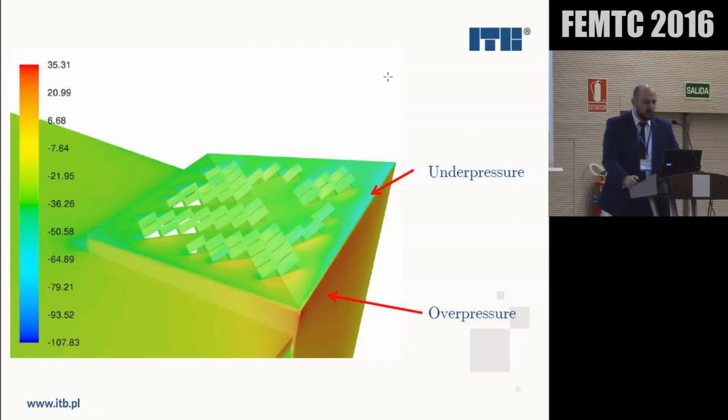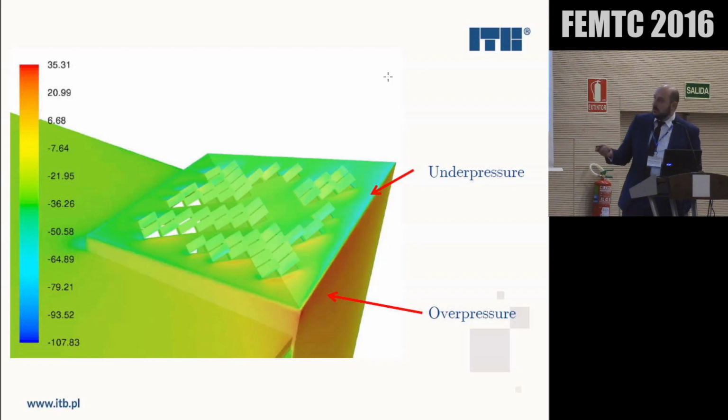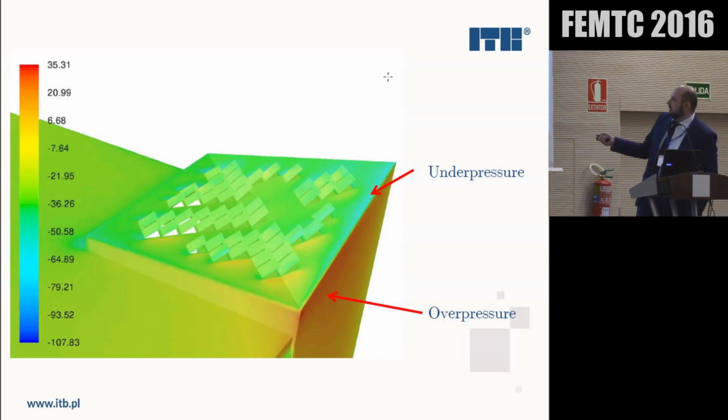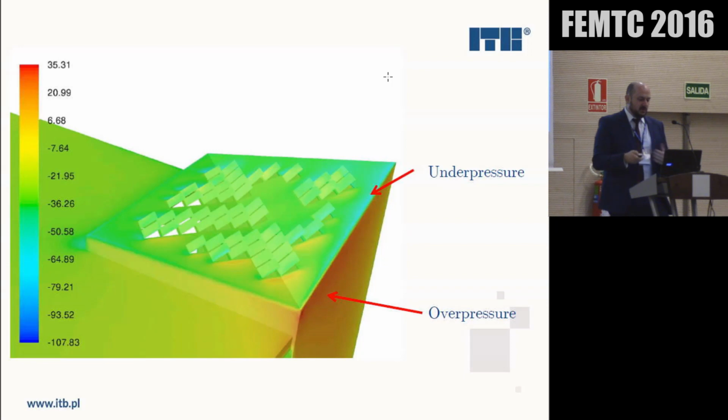The guidelines go with 12. This is an example of how the results might look, where you have a roof that's filled with natural ventilators, and you can see there's an overpressure area, there's an underpressure area, and by rotating the model, you're analyzing what you get in each scenario.